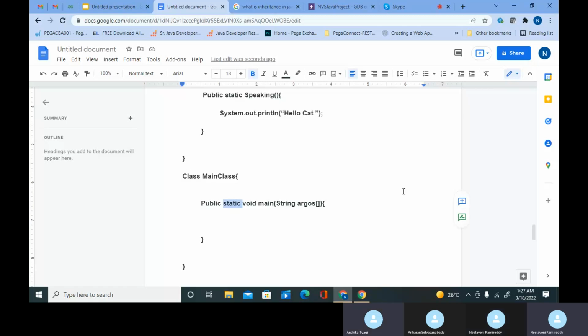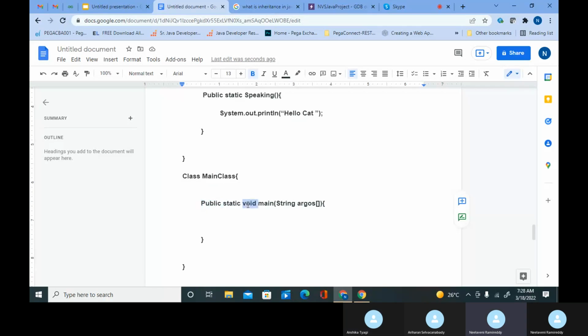We can run a static method without creating an object. Yes, that is the reason why we make main static. And why do we make it public? So we can access it everywhere, outside the package also, different packages. Yes, anywhere we can call it.